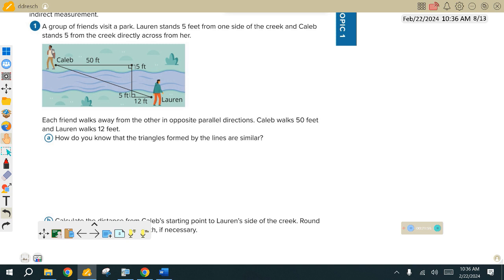So we get Caleb and Lauren standing on opposite sides of the creek, and they walked away from each other. Now, based off the description up there, are they standing exactly at the edge of the riverbank? No. How far back are they standing?